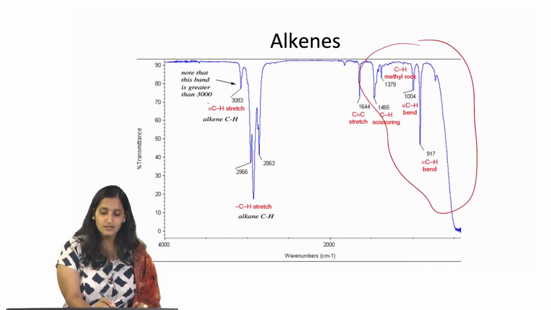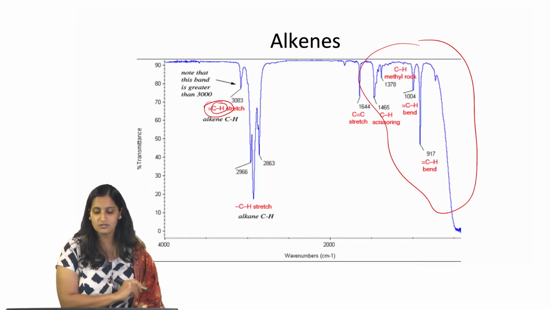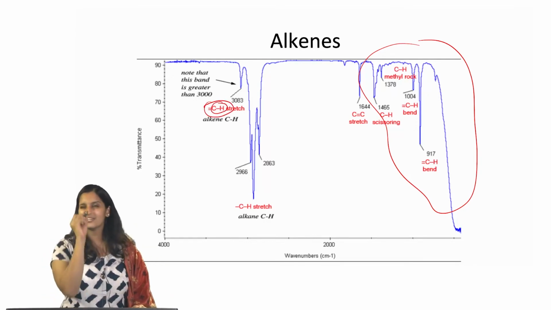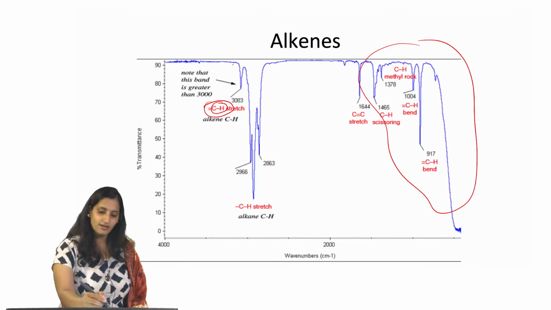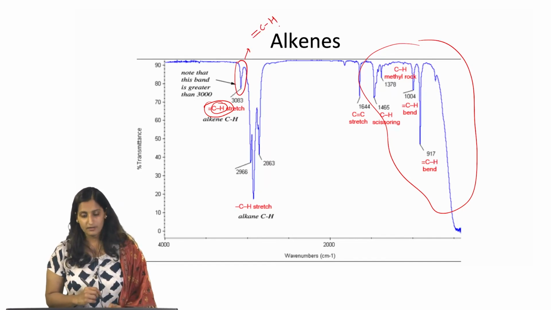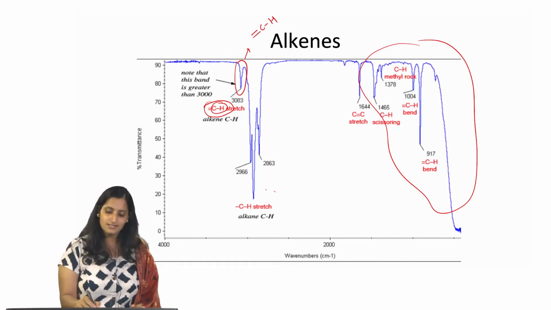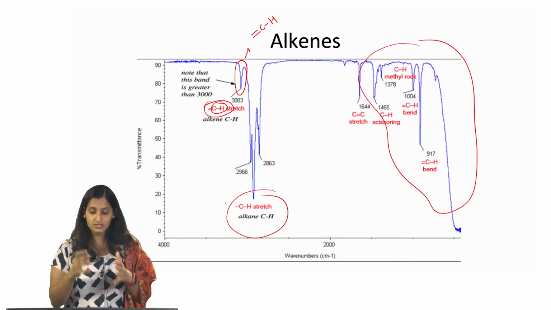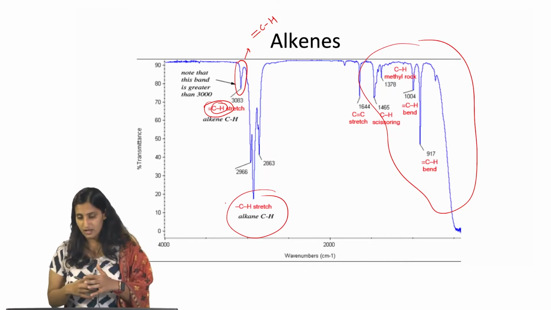In this case, the double bond CH stretch, this particular carbon-hydrogen bond, stretches at a frequency just above 3000, and in fact we have this small peak here which indicates a carbon-hydrogen single bond. Or you can have various CH stretches close to 3000, which is because of the alkane part of it.